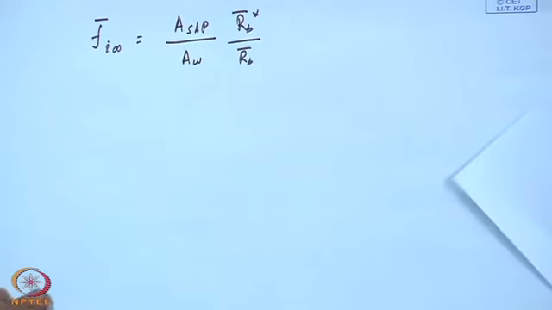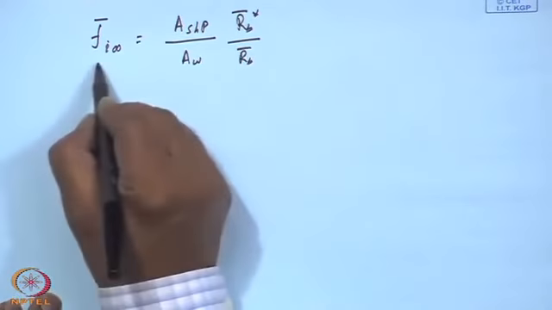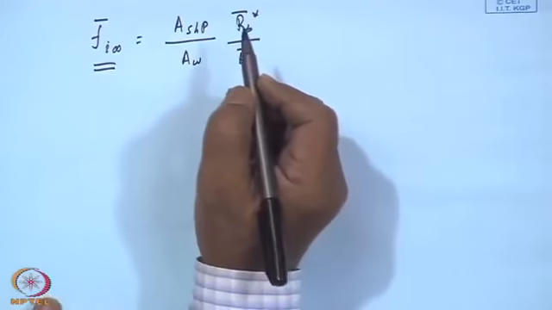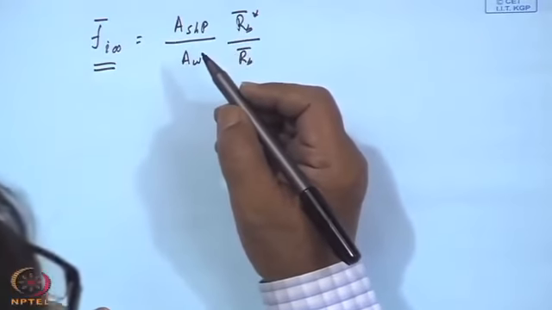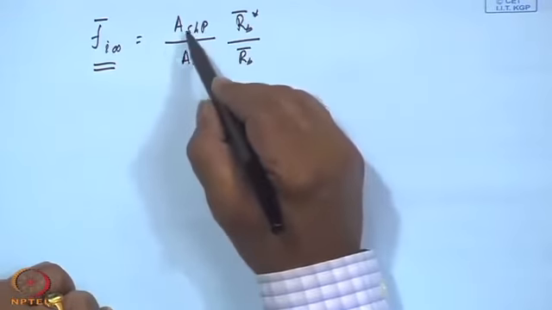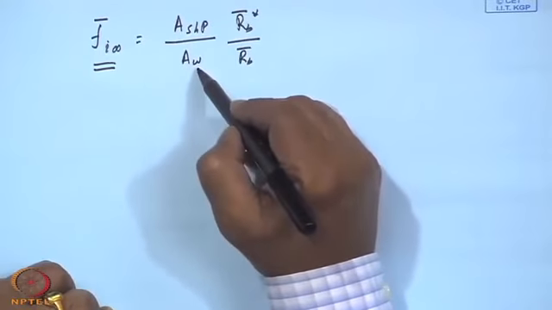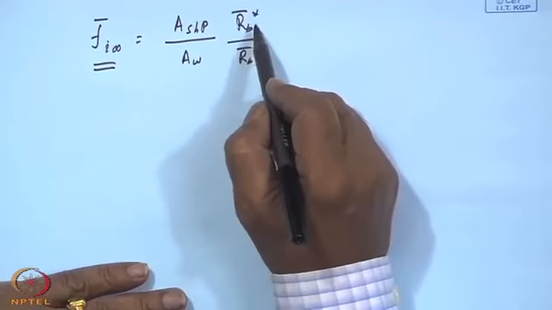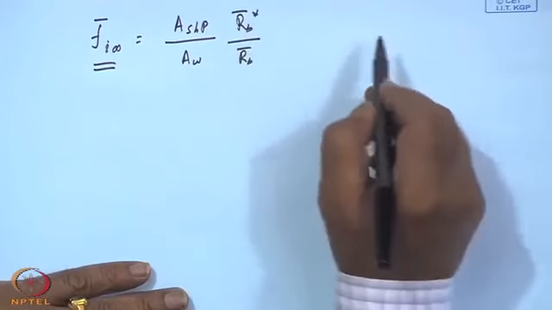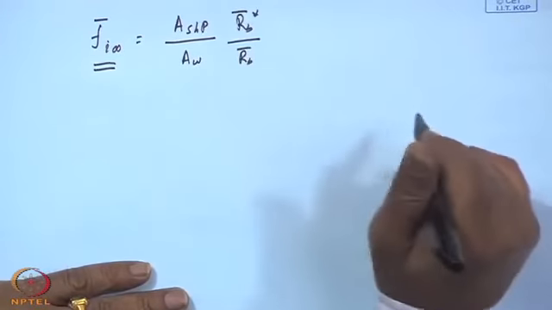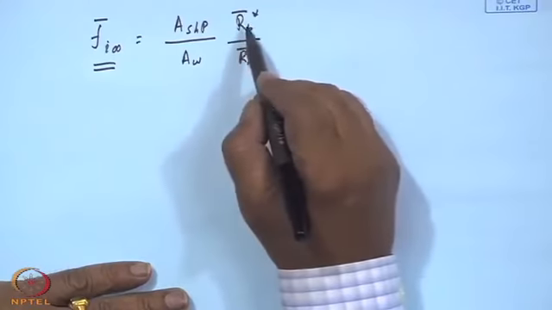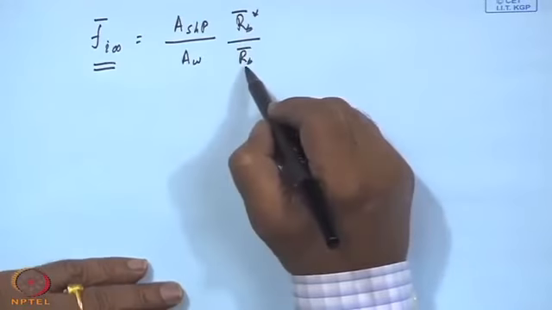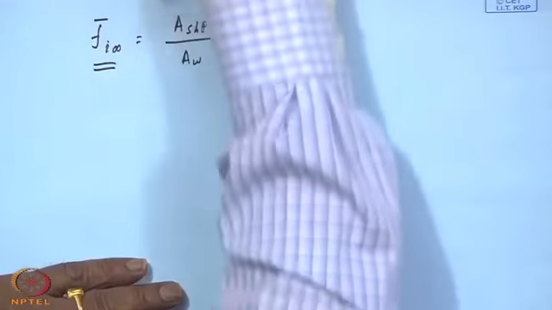In other words, the concept of the shading plane has been brought into the monthly average daily shading factor Fi bar infinity, which is the ratio of the shading plane to the window area, purely geometric, and RB bar star represents how long the projection is and what is the height of the window, and RB bar is for the simple window.